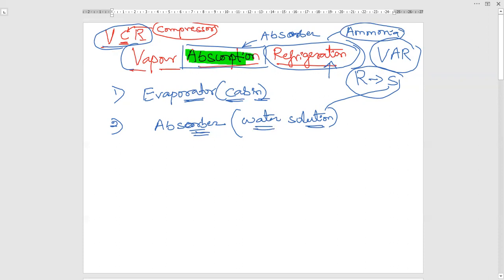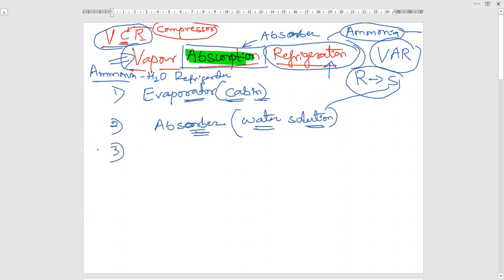So vapor absorption refrigeration is also called the ammonia water absorption refrigeration system. Keep in mind, another name of the vapor absorption system is the ammonia water refrigeration system.